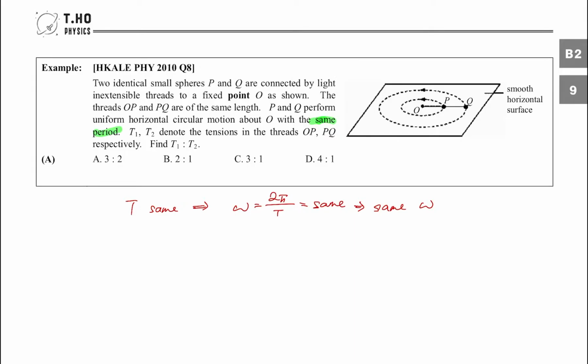So now we denote T1 and T2 to denote the tension in the strings OP and PQ respectively. I would like to illustrate it by drawing the free body diagram for P and Q respectively.